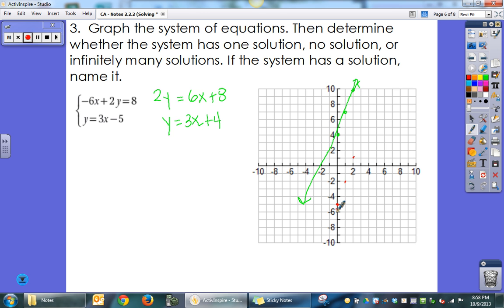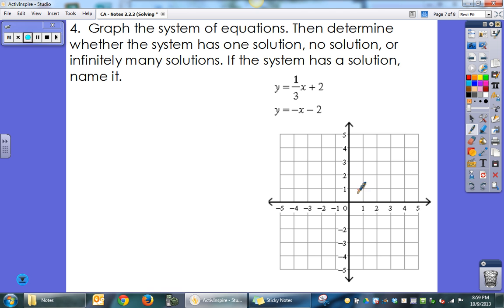And if you recall, lines that have the same slope are parallel lines, and they're never going to intersect. So whenever I have a set of parallel lines or my equations have the same slope, then I have no solution, because my solution is where the lines cross or intersect, and parallel lines never intersect.